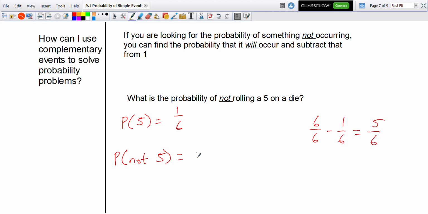Oh look, there's a 5 out of 6 chance that it's not a 5. Or if I divide 1 by 6, I'd find it's 0.16 repeating, or a 16.7% chance of occurring. And all of these are going to be complements here.